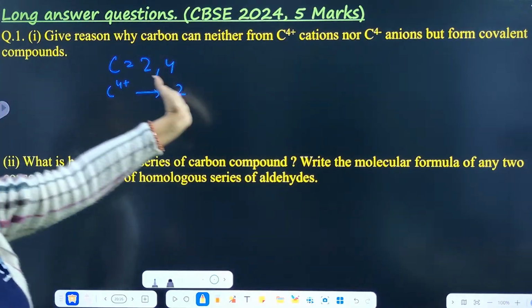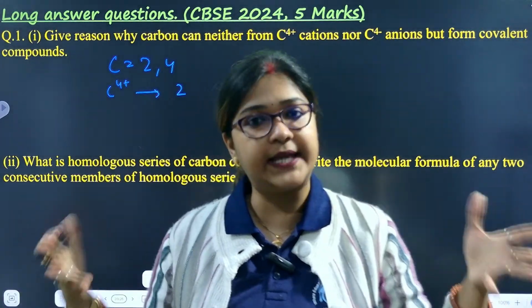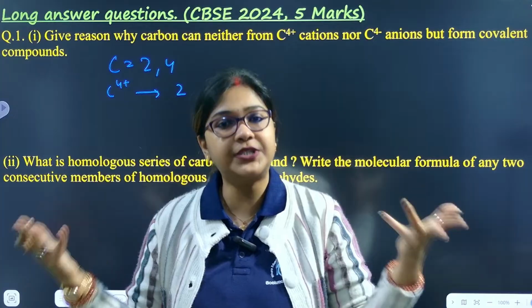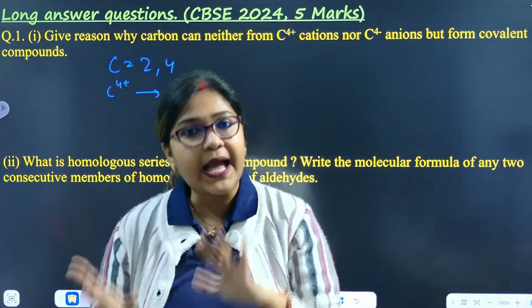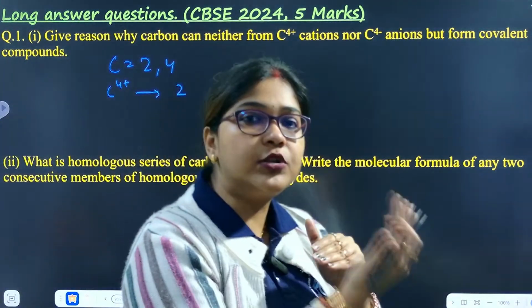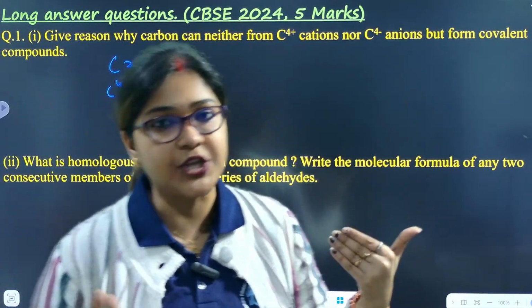Losing all the 4 electrons requires a high amount of ionization energy. But this high amount of ionization energy makes the carbon very unstable, and it is also not achievable. So carbon cations can never be generated.